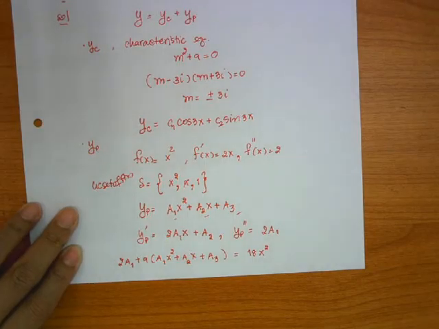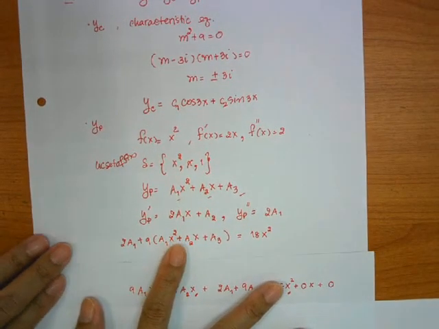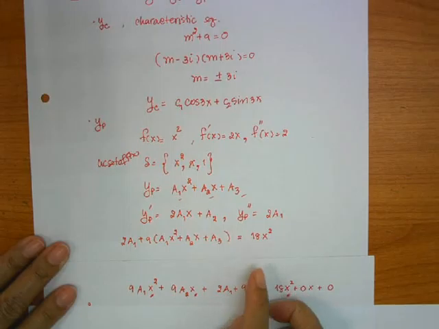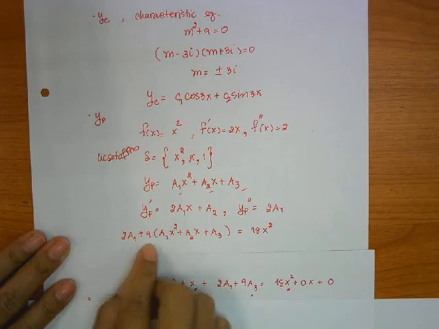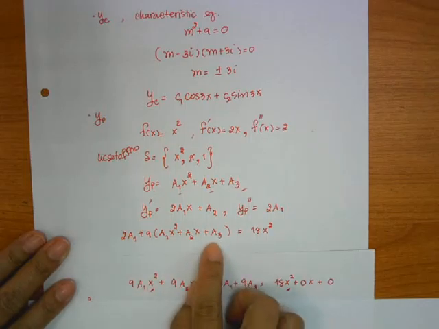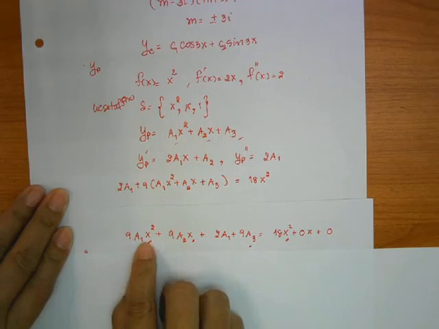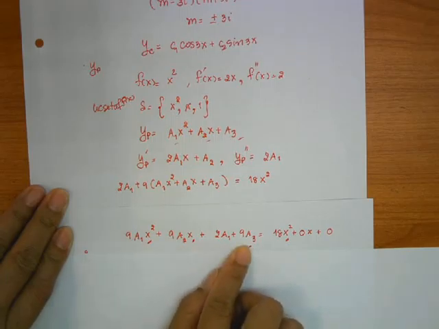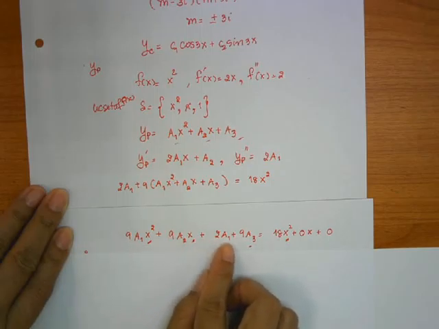Now we are going to rearrange the equation in such a way that we can compare the coefficient in front of each function. 2a1 is a constant, so you put 2a1 with a3. So I write it down again by x squared, x, and constant: 9a1 x squared plus 9a2 x plus 2a1 plus 9a3.